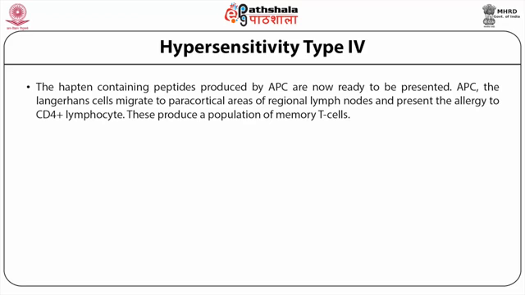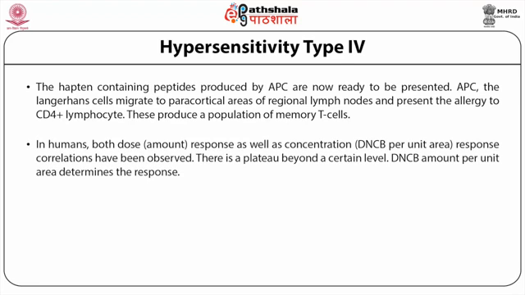Antigen presenting cells, the Langerhans cells in this case, migrate to paracortical areas of regional lymph nodes and present the allergen to CD4 positive lymphocytes. These produce a population of memory T cells. These processes are shown in the slide here.